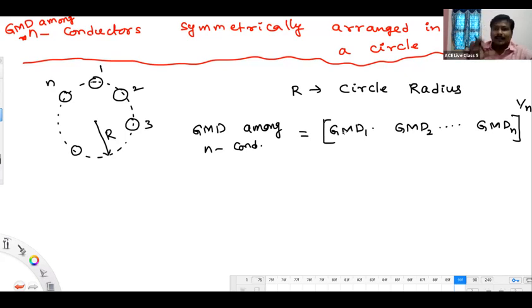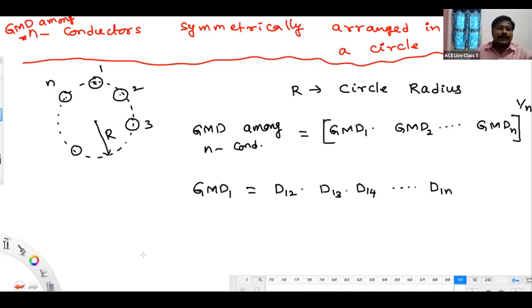Conductor 1 to all remaining conductors: GMD of conductor 1 will be equal to the 1 to 2 distance, 1 to 3 distance, 1 to 4 distance, and so on up to the 1 to n distance.